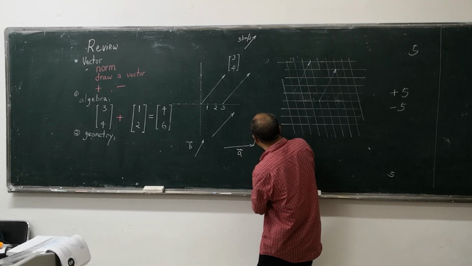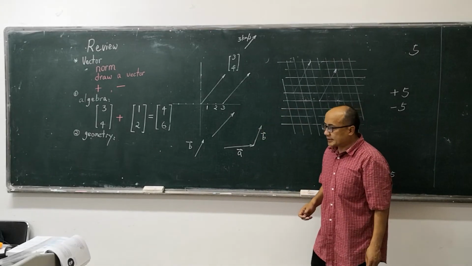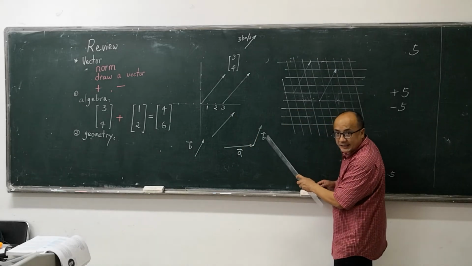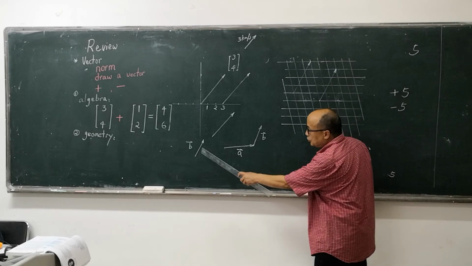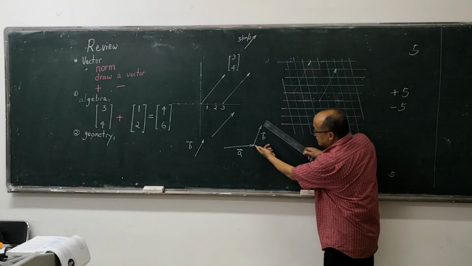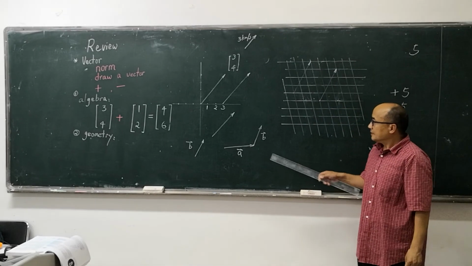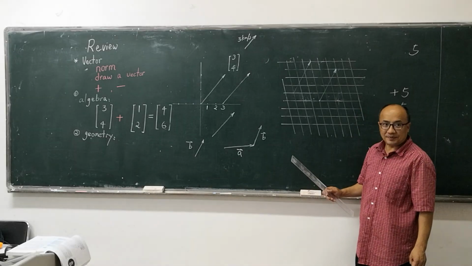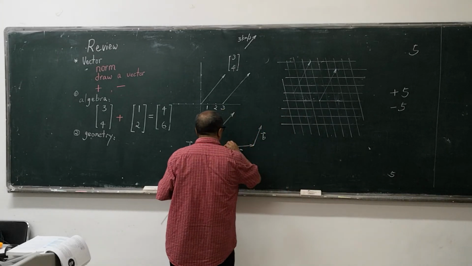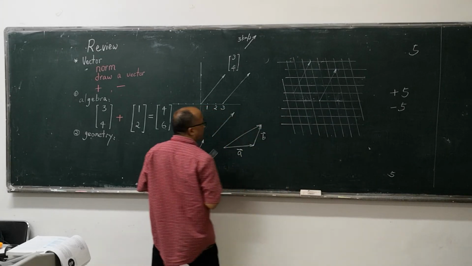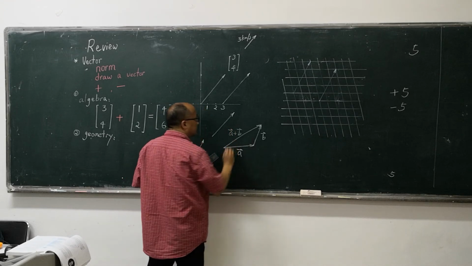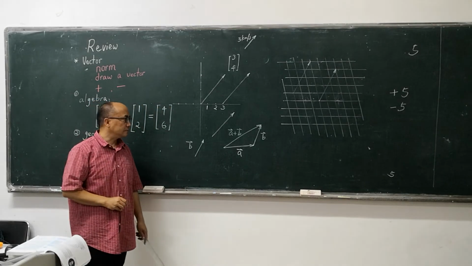You move the B over here. Like I said, this one and this one are exactly the same. You shifted. The direction is the same, the length is the same. So you shifted this over here, and the final result, A plus B, is from here to here. This is A plus B.